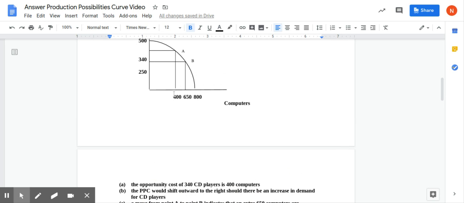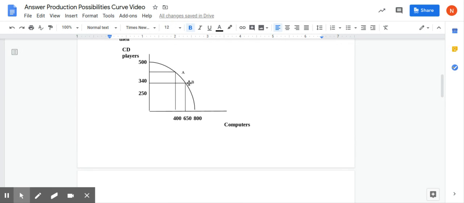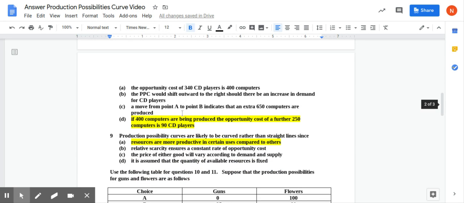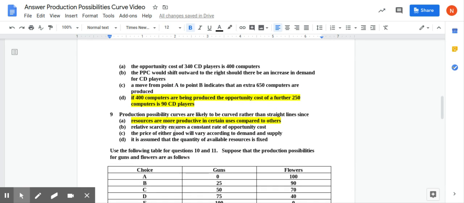So we're going from point A to point B. Point A, like we said, is at 340 CD players. Point B is at 250 CD players. So we'd be gaining 250 computers, but we would be losing 90 CD players. So that's how we got that one.